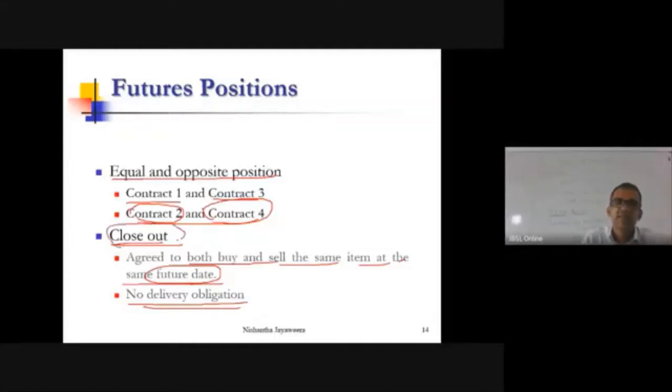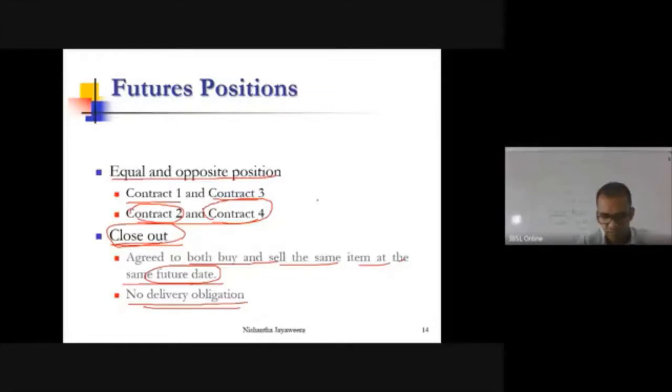That is close out. But remember, to close out, it should be on the same underlying, same delivery month, and same number of contracts. Otherwise it won't be a close out.